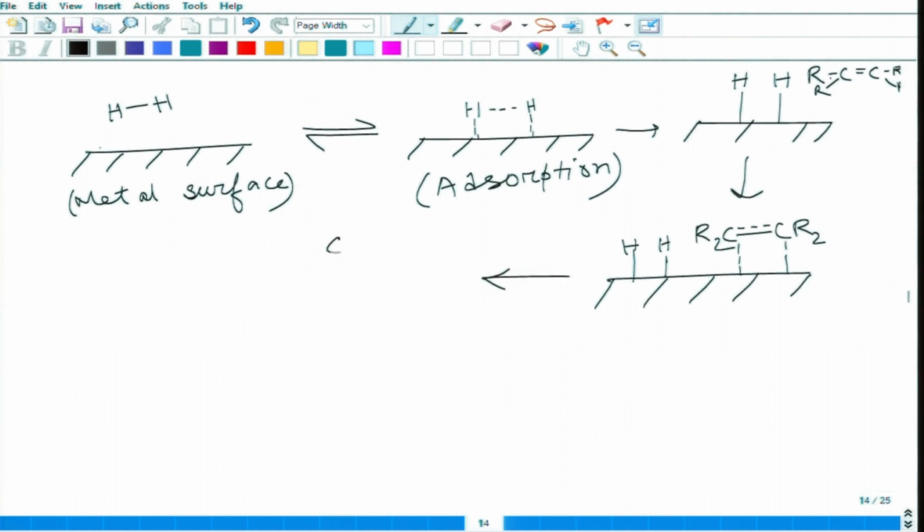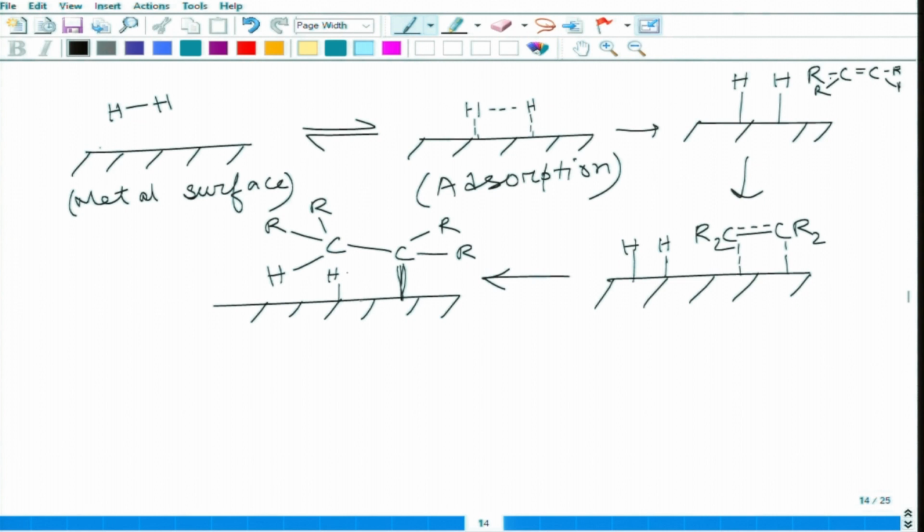Now, it will form like this by bonding with the hydrogen. So, one hydrogen is suppose bonded and other carbon is adsorbed to the metal surface. Okay. Now, one more hydrogen is there.